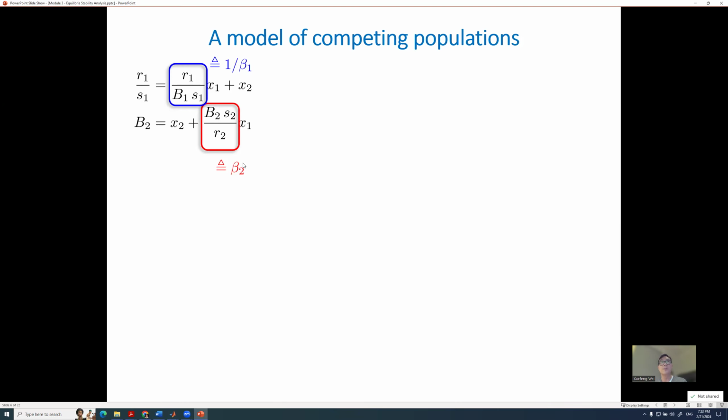You can see beta 1 and beta 2 basically describe the same thing. If you change all the 1s to 2s or 2s to 1s, beta 1 becomes beta 2. We do this just to make the equations look more elegant.